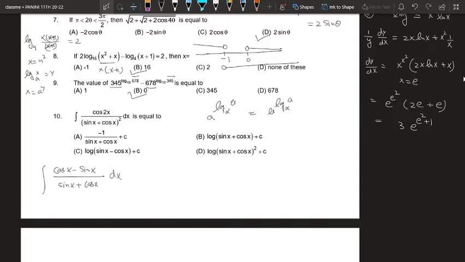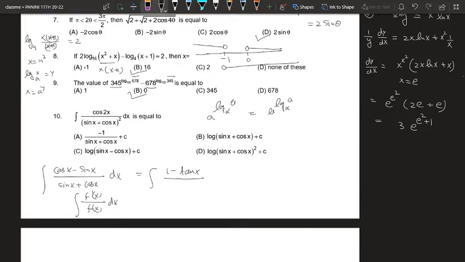If we take cos common from numerator and denominator and cancel them out, then this will become 1 minus tan x divided by 1 plus tan x. Or we need not do this. I think this falls under this category, f dash x over f x dx. The derivative of the denominator is in the numerator, sin x plus cos x and cos x minus sin x.